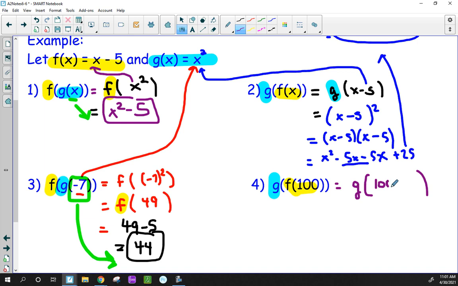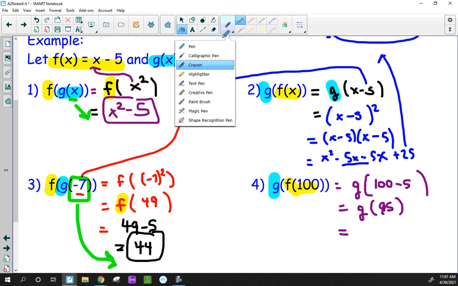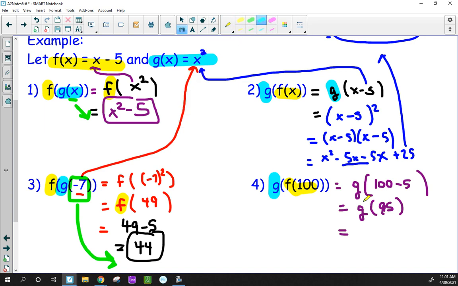100 minus 5. And do I need to show that step? Yes, I want to see that you've actually looked in the right location in your directions. You're then going to simplify. 100 minus 5 is 95. And you're now looking at a problem where the only thing I have left is the g function. And so this is telling me, go to your g rule in your directions.